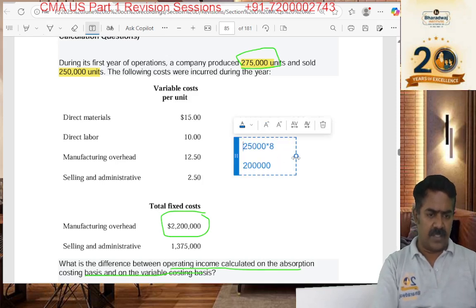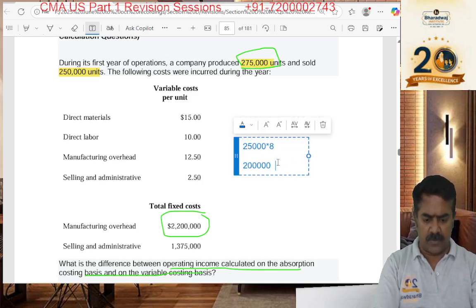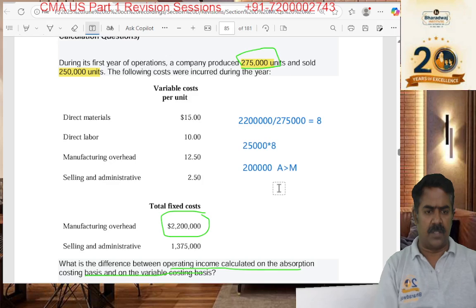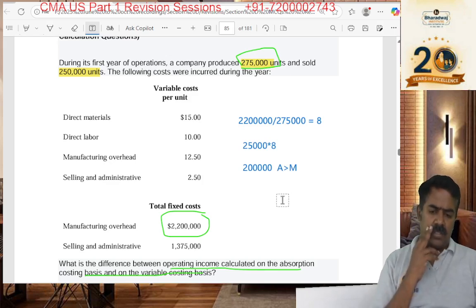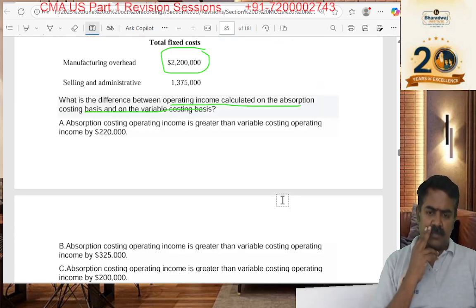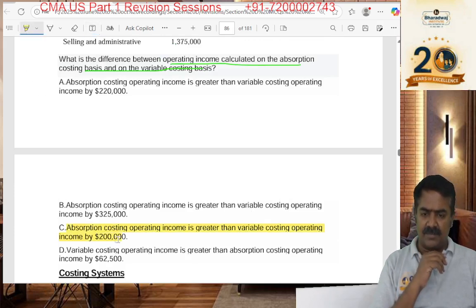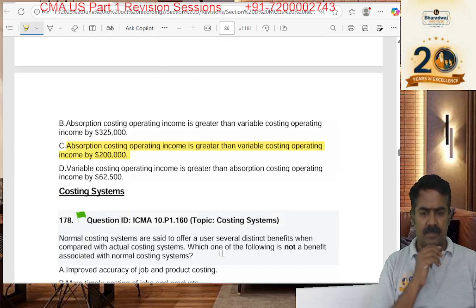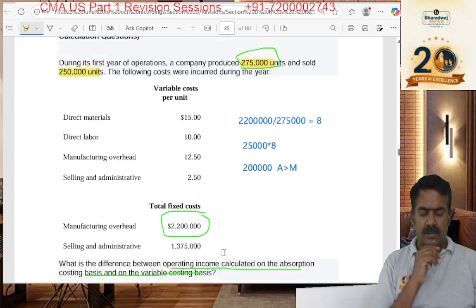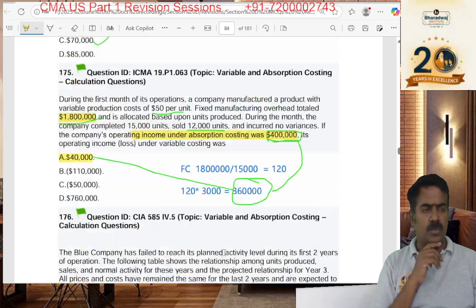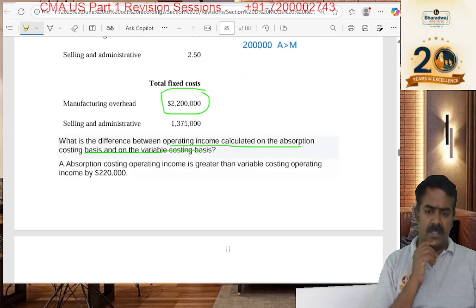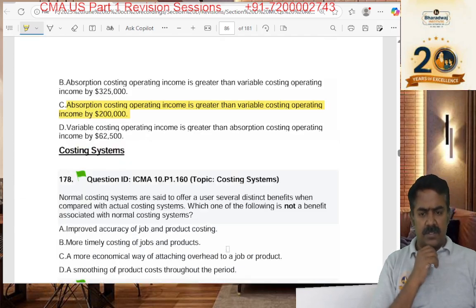So we can say absorption costing profit will be more than marginal costing. Absorption costing profit will be more than marginal costing. The answer is option C. So with this, variable costing versus absorption costing is over.